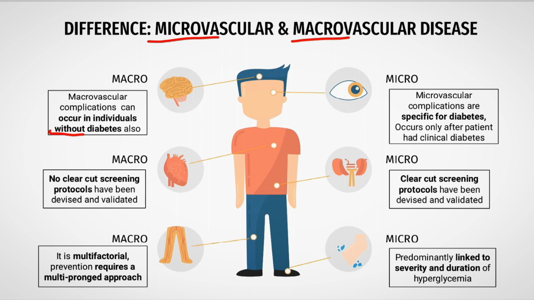However, microvascular complications are specific to diabetes, meaning the person will develop these complications only if the patient has clinical diabetes. Otherwise, there are no or rare chances of developing microvascular complications.